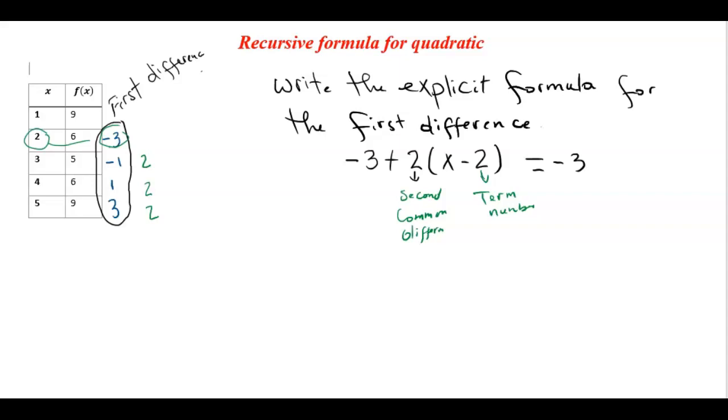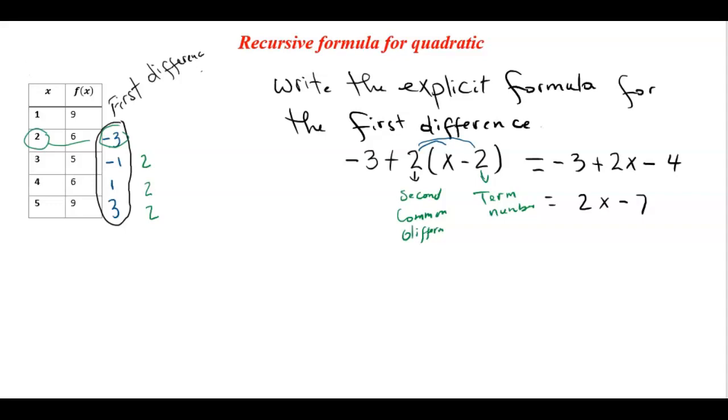When you simplify here, we can use the distributive property. So we got -3 plus 2x. 2 times x is 2x, and 2 times -2 is -4. So minus 4. And that's equal to 2x, -3 minus 4 is -7, minus 7. So we got 2x minus 7.